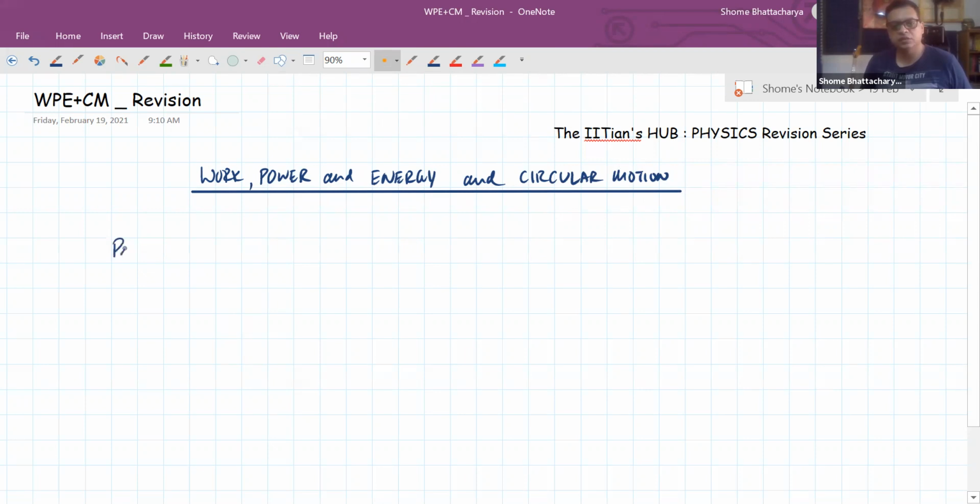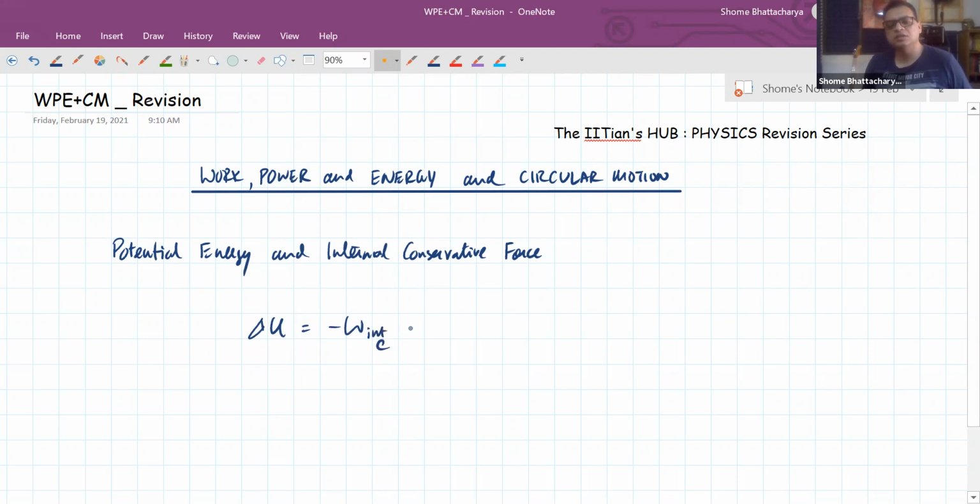We had seen that potential energy and the internal conservative force or forces in a system are related by this equation: delta U, or change in potential energy, is negative of work done by the internal conservative force, or minus of F internal conservative dot ds.